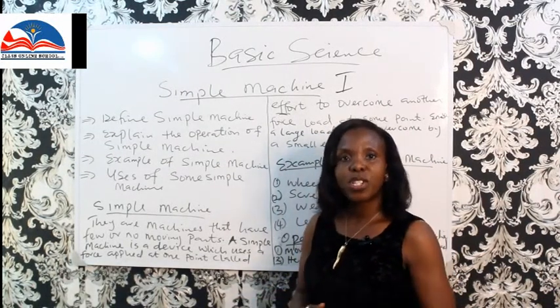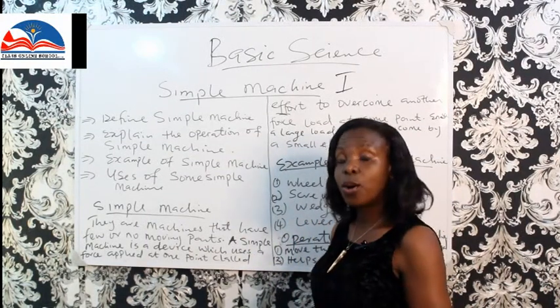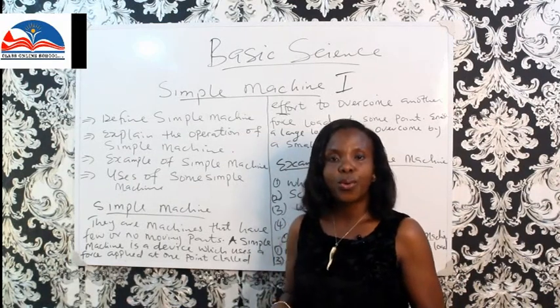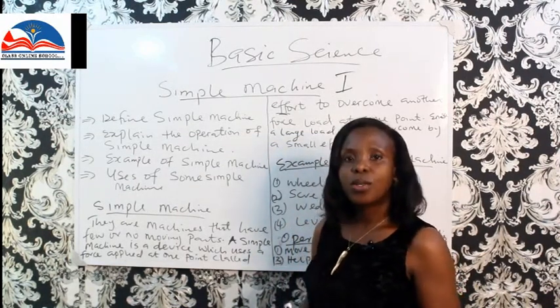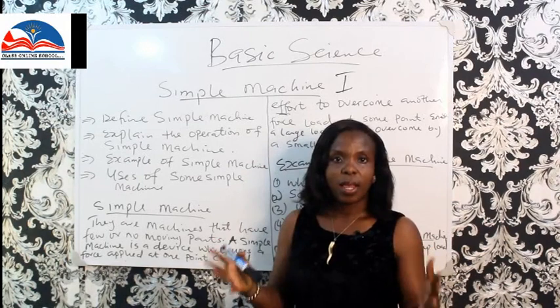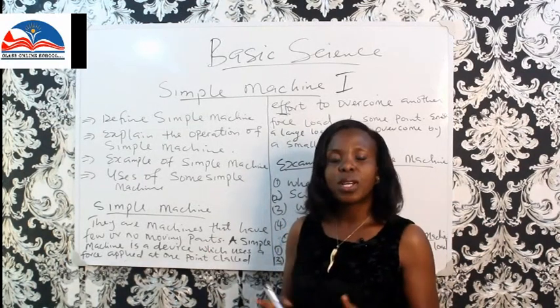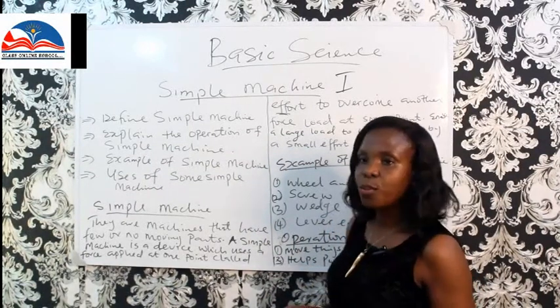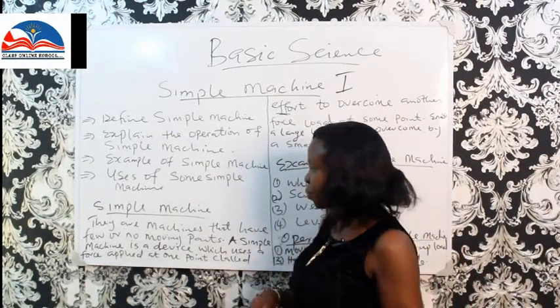There are simple machines that we can use in our homes, like your broom, your hammer, your screw, your stapler. So let's dive in and see what a simple machine is according to your basic science curriculum.